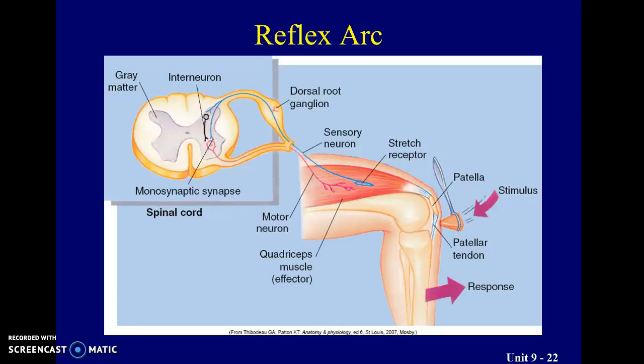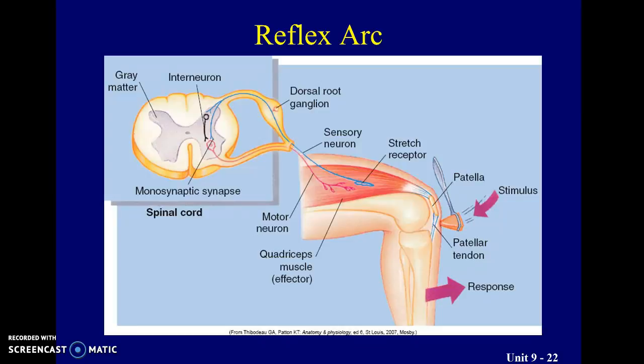So here we see sensory information coming in via that blue pathway, making its way to an interneuron, which can make a decision about whether or not to activate that motor neuron and therefore cause contraction of the quadriceps muscle, the effector. This is a protective reflex, and of course is a reflex to determine whether or not there's damage in that particular pathway, especially at a particular level of the spinal cord.